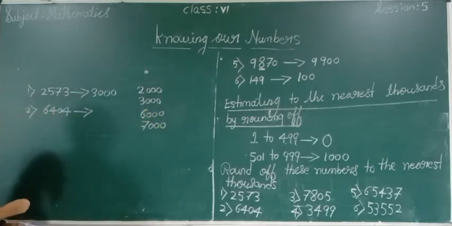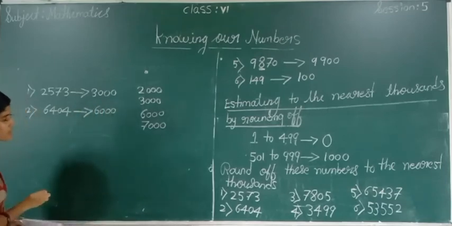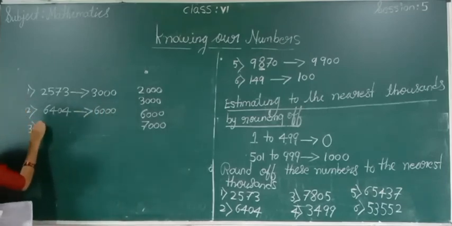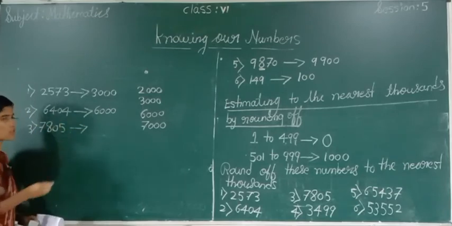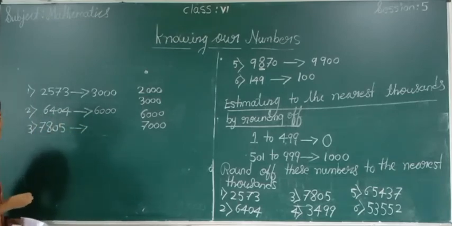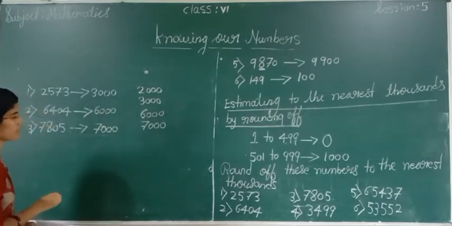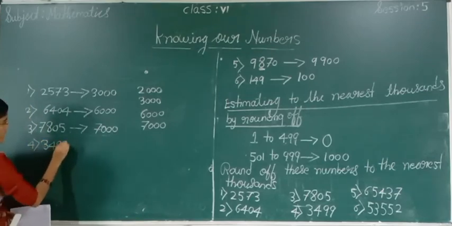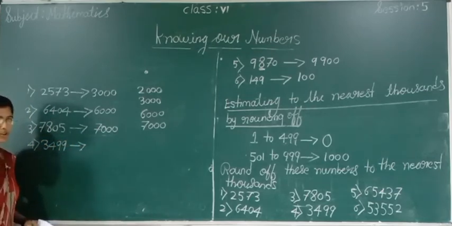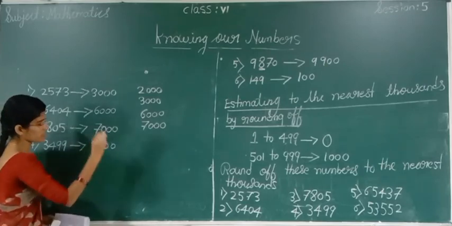It is nearer to 6,000. Third one, 7,805 is nearer to 7,000 or 8,000. It is nearer to 8,000. Fourth one, see, 3,499 is nearer to 3,000 or 4,000. It is nearer to 3,000.